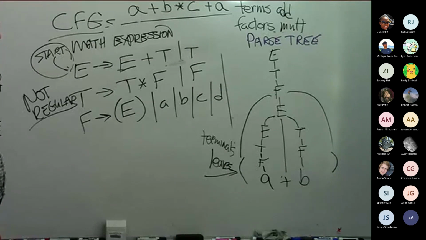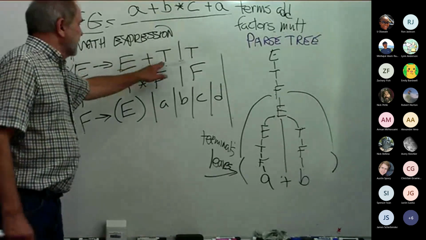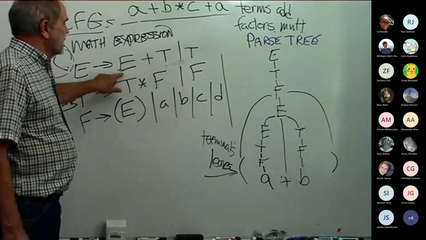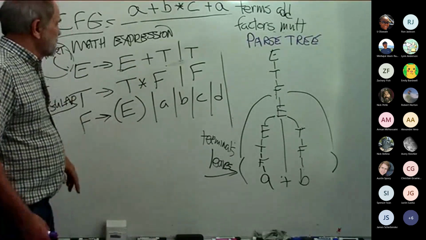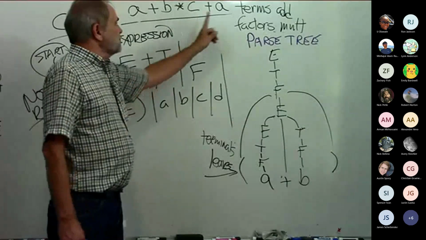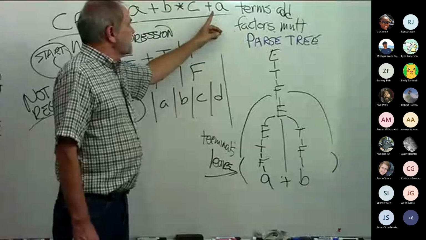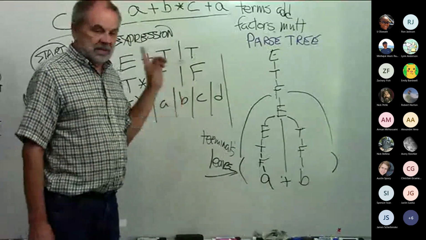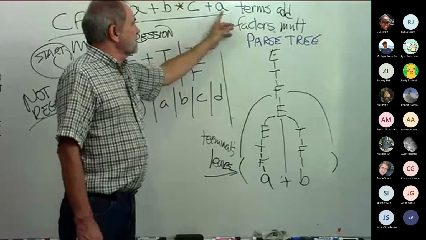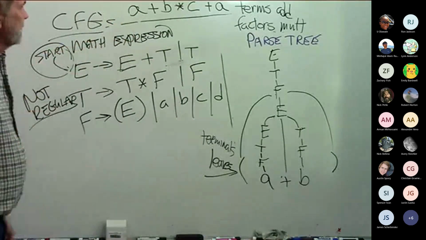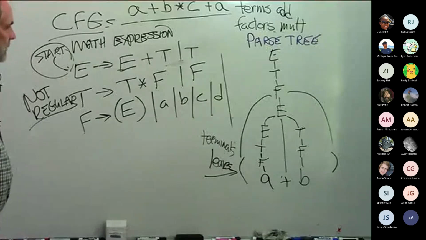Notice that the recursive part is to the left. And so the rightmost elements will come out first on here, and it'll build back as you go.